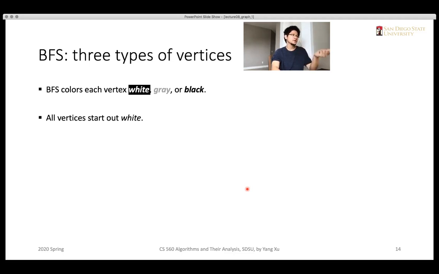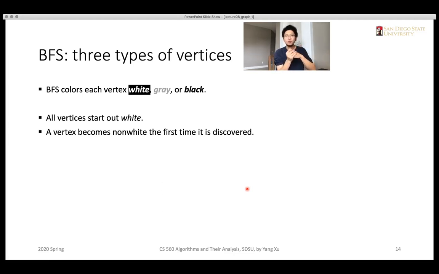All the vertices are initially white, so before we visit them, they are white. A vertex will become non-white, either gray or black, the first time it is discovered. As long as it is discovered, it is not white anymore.